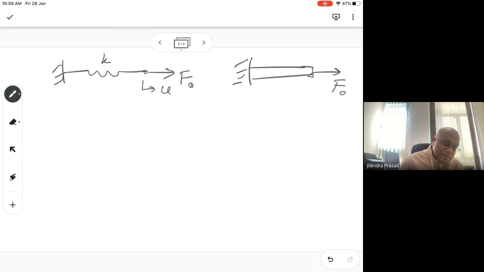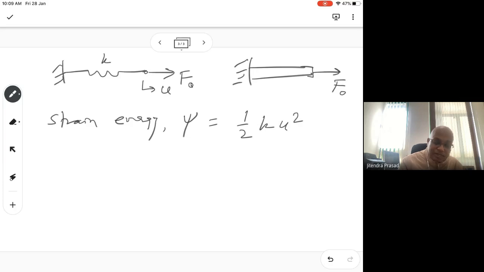So how do we formulate that? Strain energy in this case, psi, is equal to half k u squared. This is the strain energy.